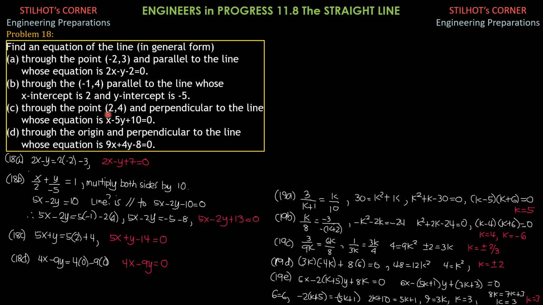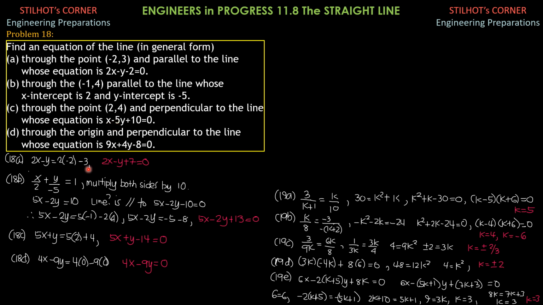18c, through the point (2, 4) and perpendicular to the line whose equation is x - 5y + 10 = 0. Remember that the shortcut to finding the equation of the line perpendicular to another line is we just simply interchange coefficients and change the sign. So in this case, the expected equation of the line perpendicular to this is 5x + y = 5x1 + y1, because the given line is x - 5y.